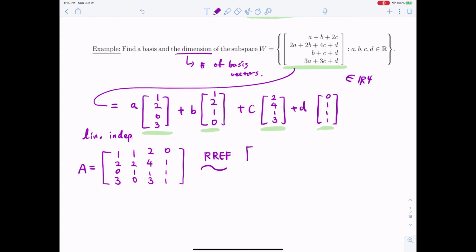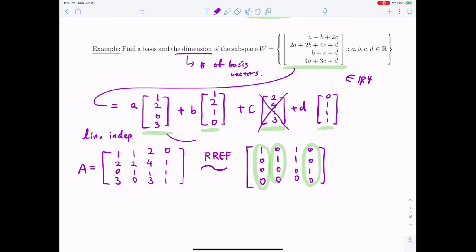Then this will give you 1, 0, 0, 0, and 0, 1, 0, 0, and 1, 1, 0, 0, 0, 0, 1, 0. And the essential vectors are the pivot columns, which are given by the first, second, and last column. So for this reason, we can get rid of the third column, because if you add these two, then you will get this one.